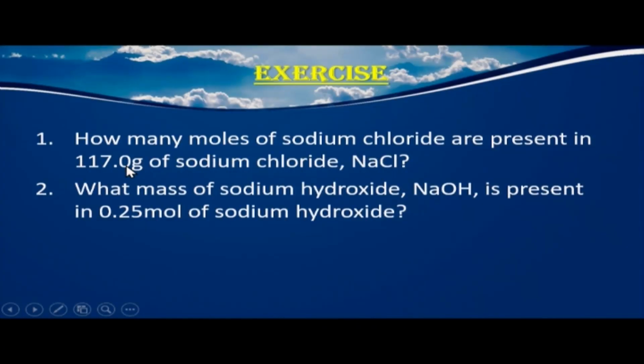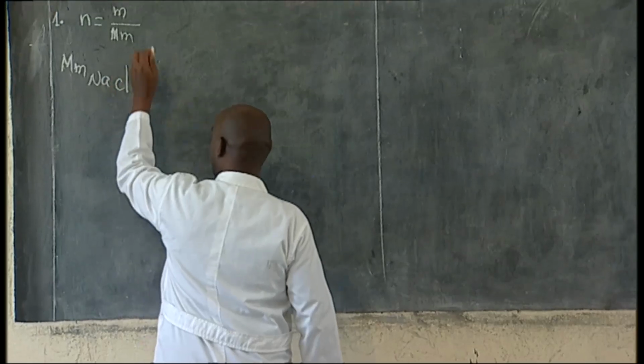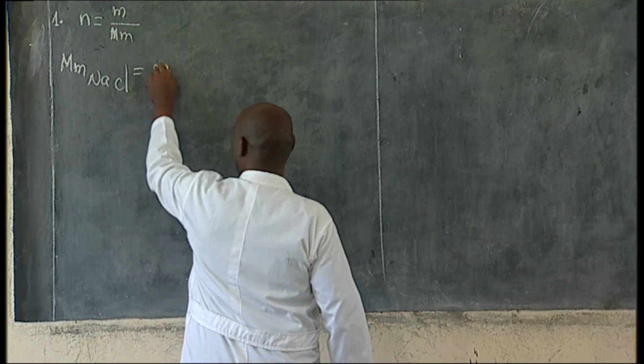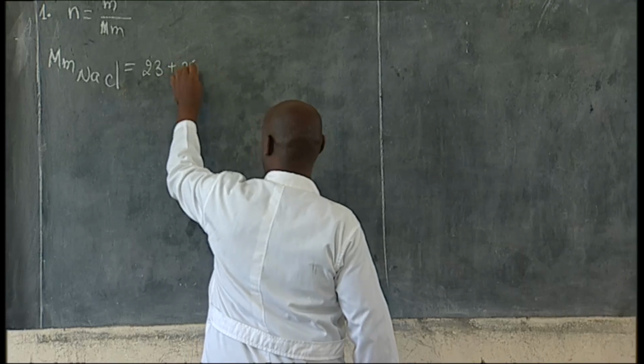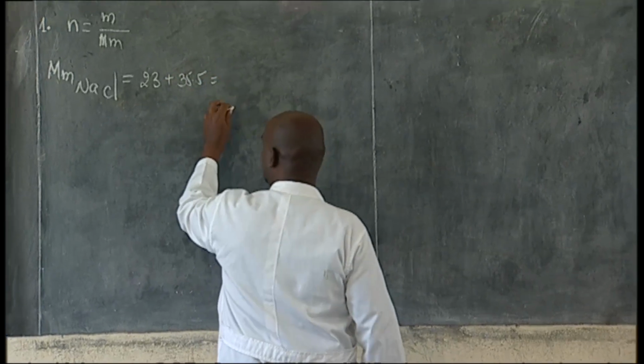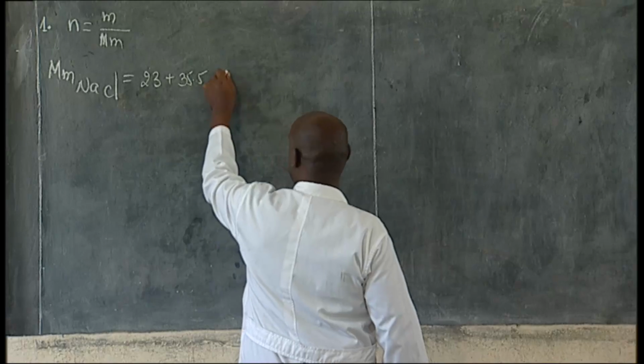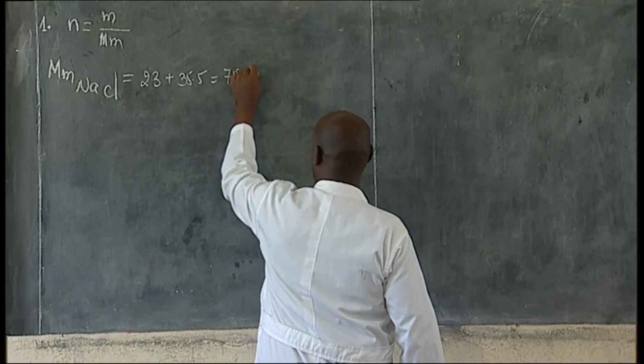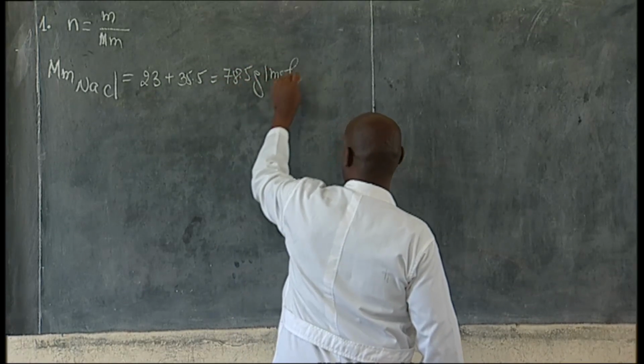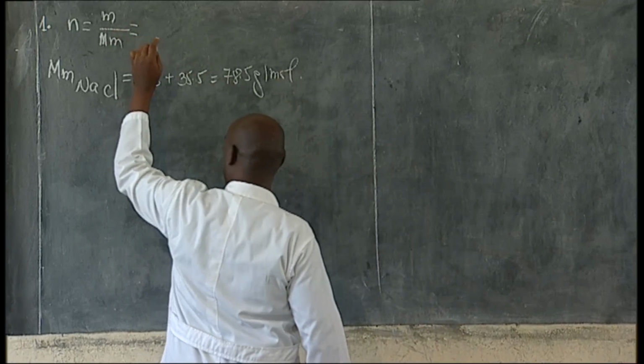this molar mass, MM, we have to sum up the masses of sodium and chlorine. We read this on the periodic table, and the molar mass of sodium chloride will be given by 23 plus 35.5, and we get 58.5 grams per mole. And we go back to the formula.